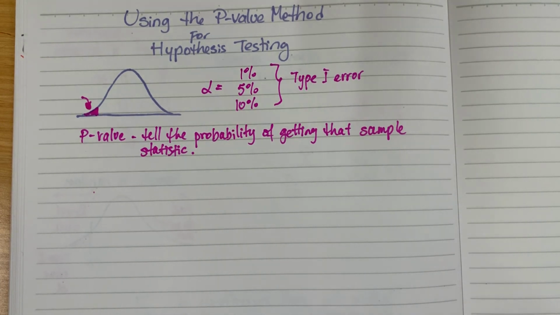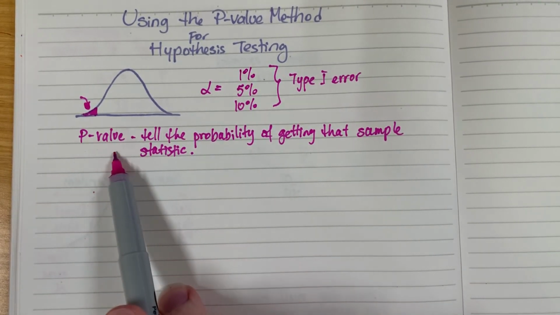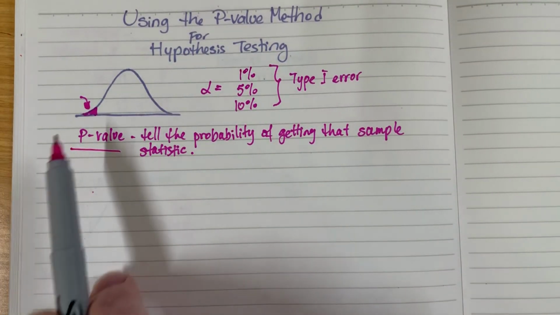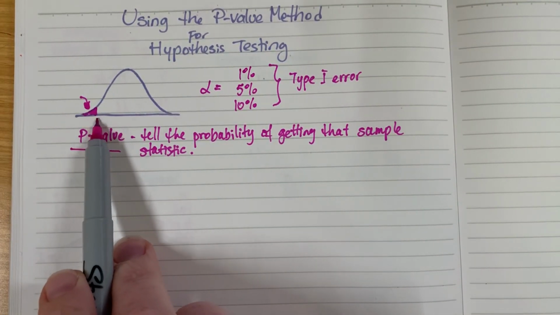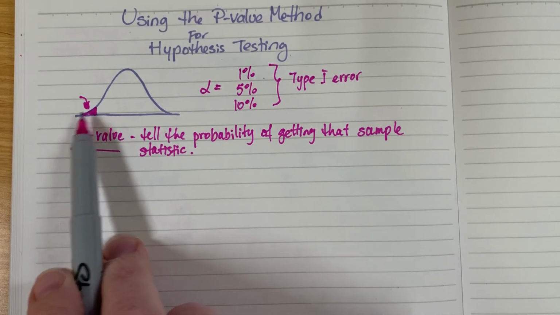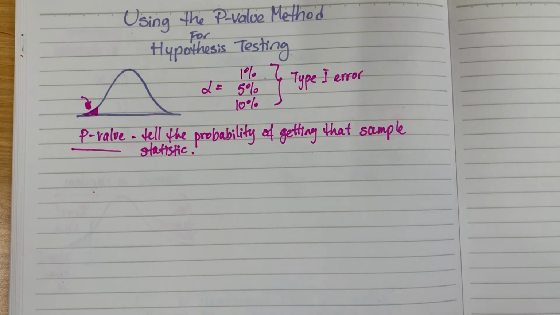It's much more prevalent in research that you're going to encounter this discussion of p-value. Essentially, p-value is just going to tell you what is the probability of getting that test statistic. All right, see you in a bit.